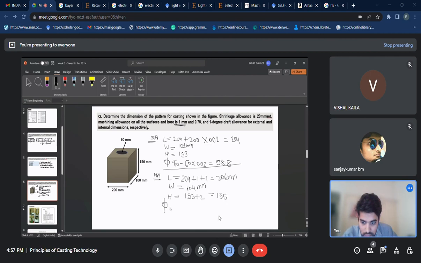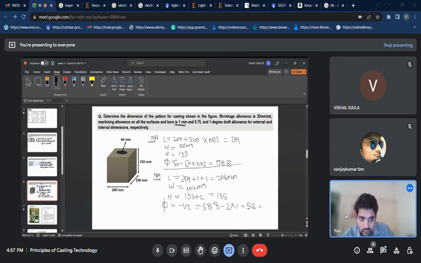Then if you consider the height, you have 153 plus 1 plus 1, so you will have 155. Now if you consider the dia part, then it is a negative allowance, as previously mentioned.